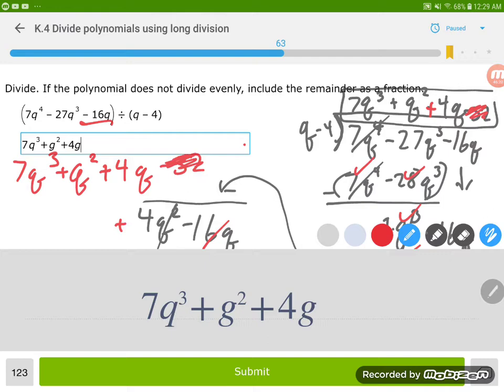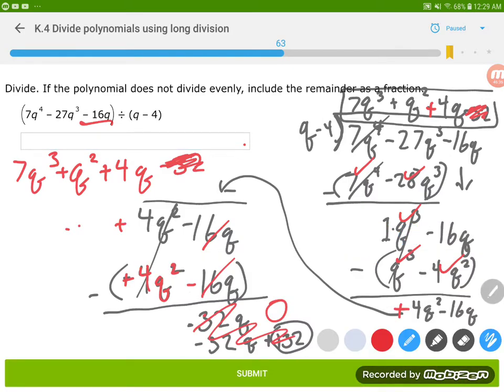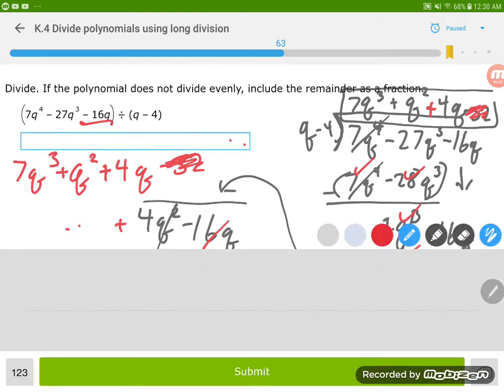It's hard to write Q's in here. All right, so just to double check, so to make sure you're with me, that negative 32 was gone because that was a side effect of having the remainder, right? Of not having this go to 0. So now that that's gone to 0, that's not there anymore.